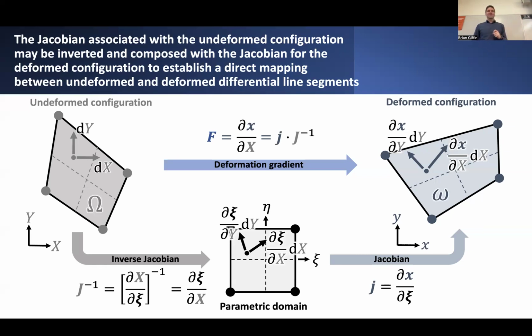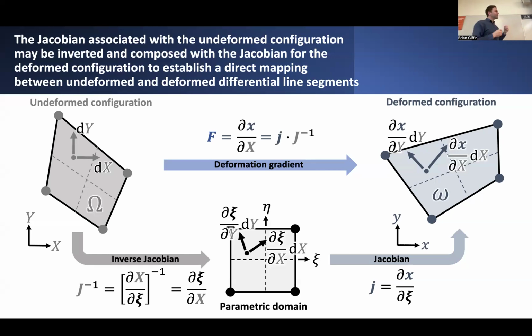So this parametric domain gave us a mapping between distinct points that lie in this parametric domain and corresponding points that lie in the actual physical coordinate space of the element. But now there are two different coordinate spaces we have to worry about, corresponding to the element's undeformed and deformed configurations.